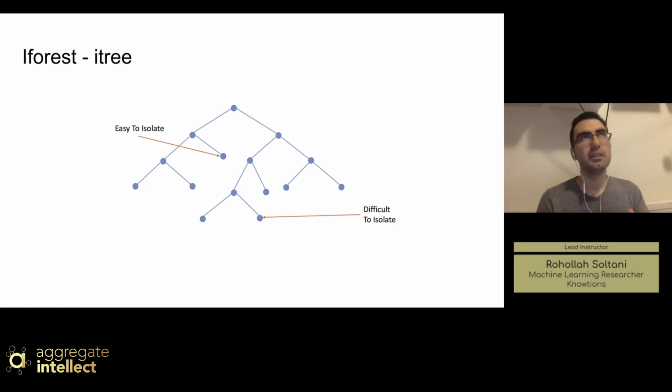If I randomly select features and randomly cut them in different ways, the anomalies will have shorter paths to the root than the normal ones, because normal ones are packed together, so dividing and isolating them is harder for the model. That's the idea of isolation forest and isolation tree.